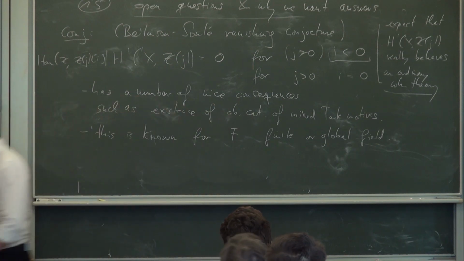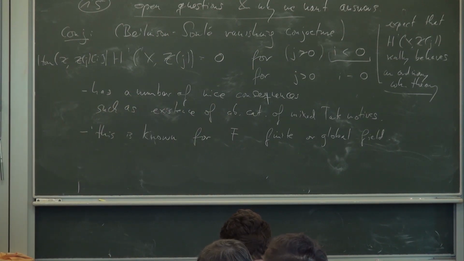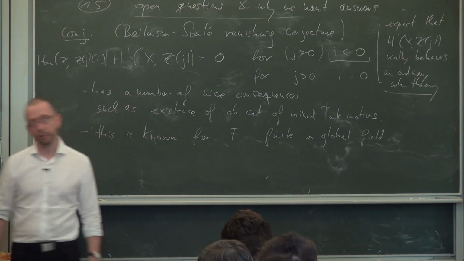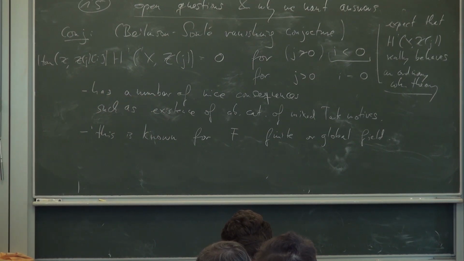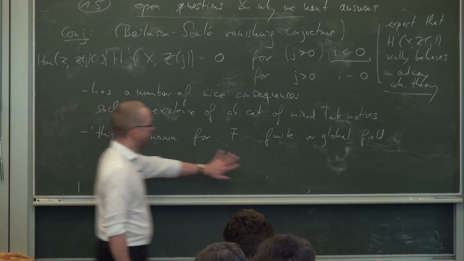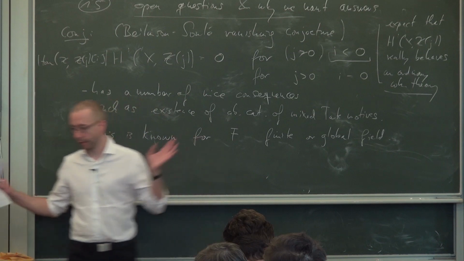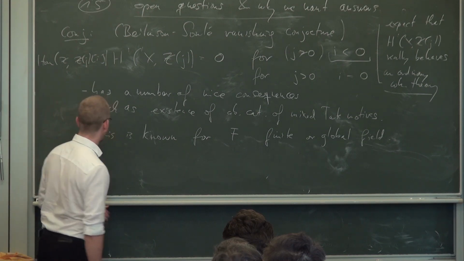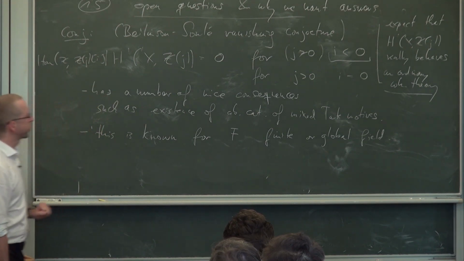Because in these cases we can actually compute the K-theory rationally, by reducing to group homology computations, and so in these cases we know that everything works, and for all the other cases, I'm not sure if anyone has an idea how to approach this. Okay. So this is one of the conjectures.